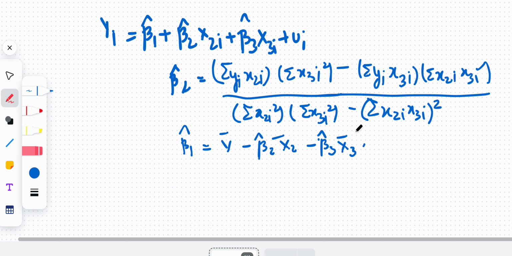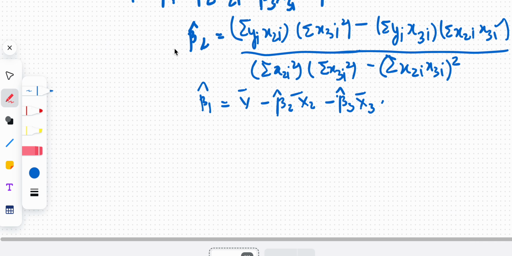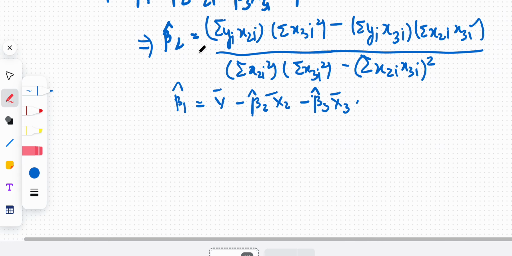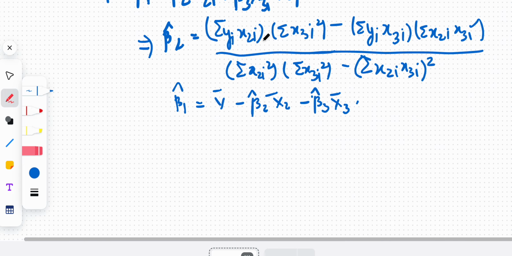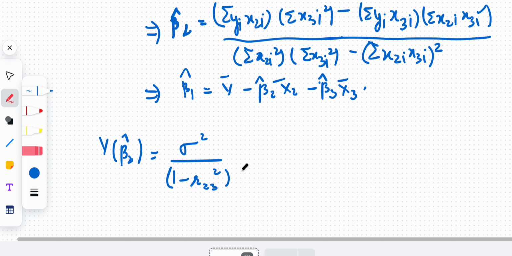So this is how it will go. Now the beta 3 formula you can write, it's symmetrical to this only, so wherever it's 2 you put 3 and wherever it's 3 you put 2. You can also refer to one of my last videos for that. Now what is important here to discuss is the variance of beta. Variance of beta 2 was sigma square upon 1 minus r23 square times summation x2i square.